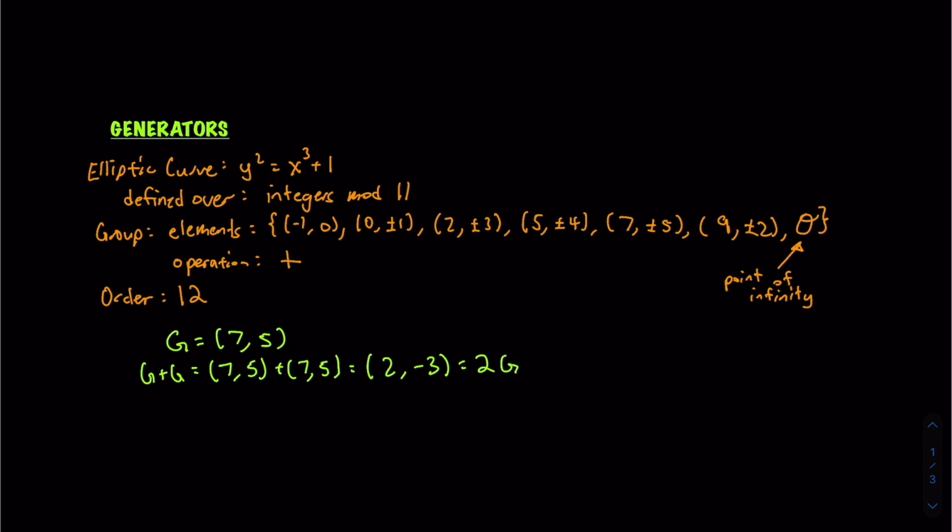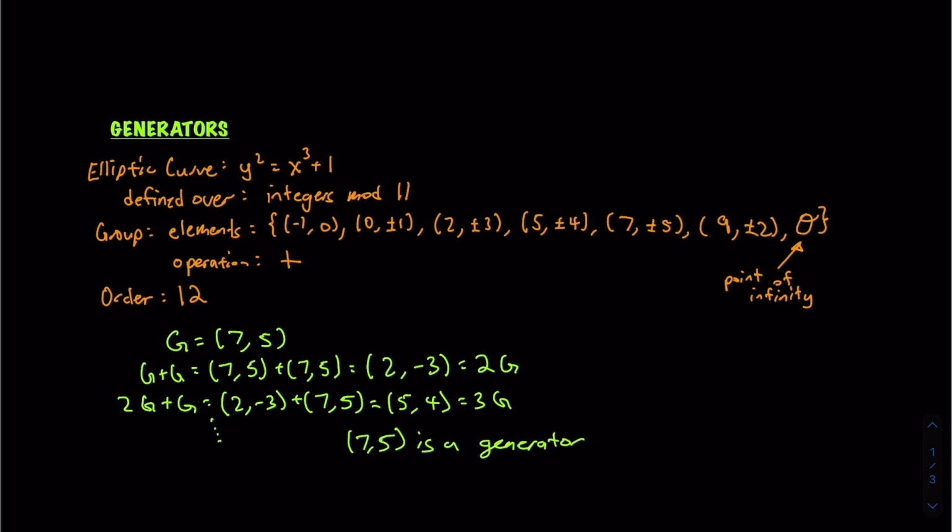Then do 2G plus G, which is (2, -3) plus (7, 5), equals (5, 4), which is 3G, and so on and so forth. You'll find out that you will end up with every element in this group. And therefore, (7, 5) is a generator.